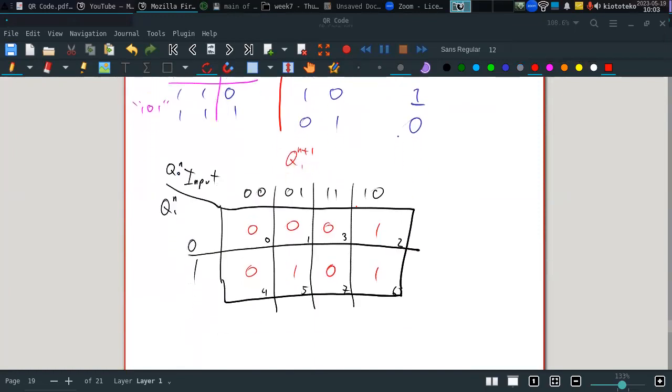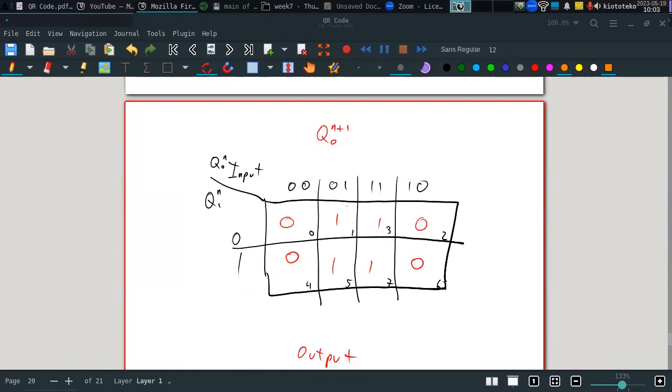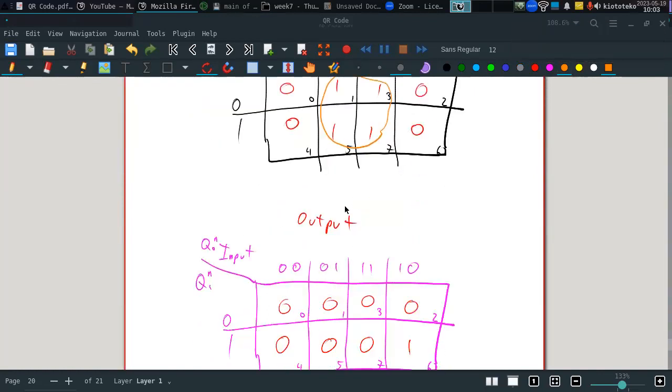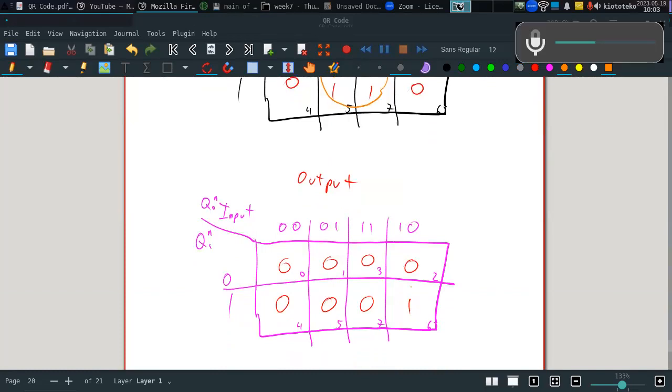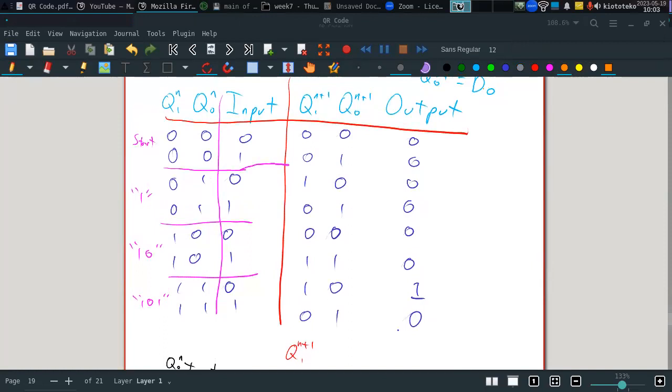All right, so now let's proceed with how we solve these Karnaugh maps. We have a 1 here, another here, and for the 4 here, we have 1 here. All right, so let's get our expressions.